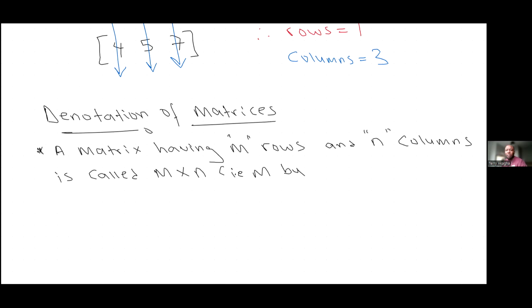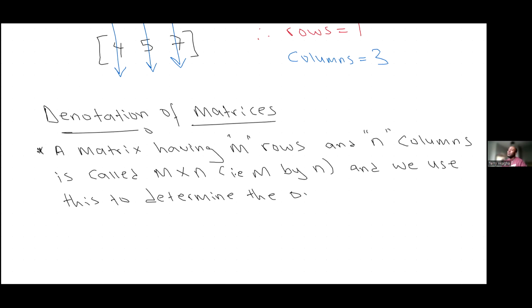So it's not M multiplied by N. It means M by N. And we use this to determine the order.